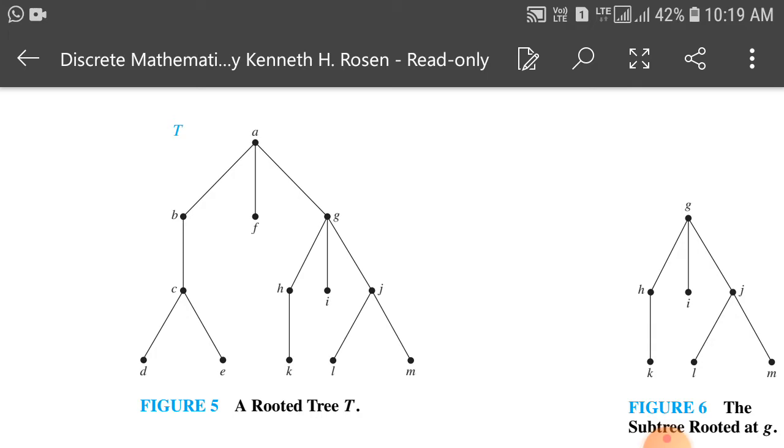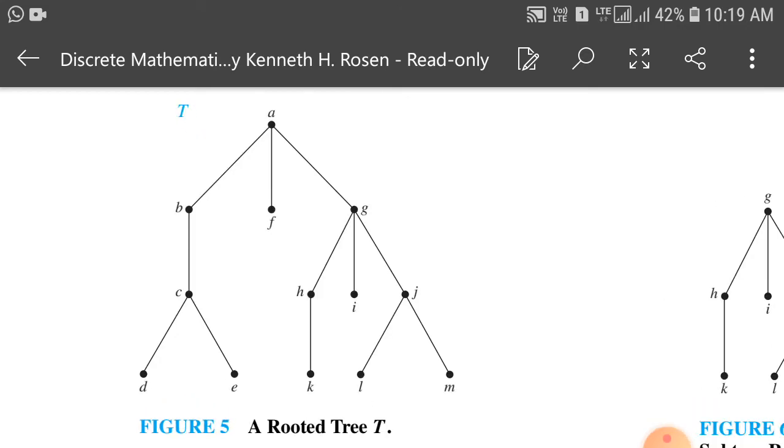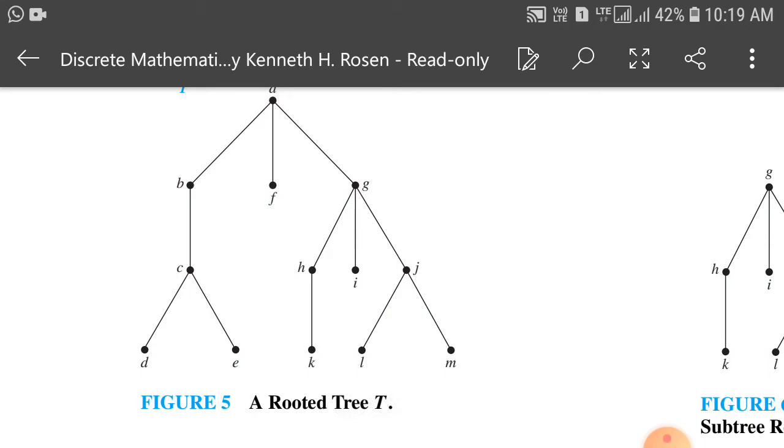If any vertex is a leaf, then we cannot call it an internal vertex. A, B and C are internal vertices, and of course G, H and J are internal vertices. Now observe, D is not an internal vertex, because after D there is no adjacent vertex. There are no descendants of D, nor of E, K, L, I, M, and of course F also.